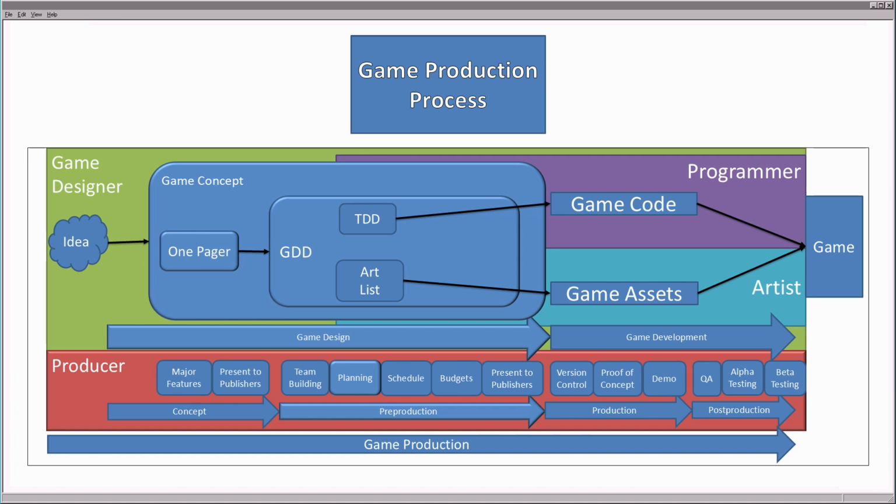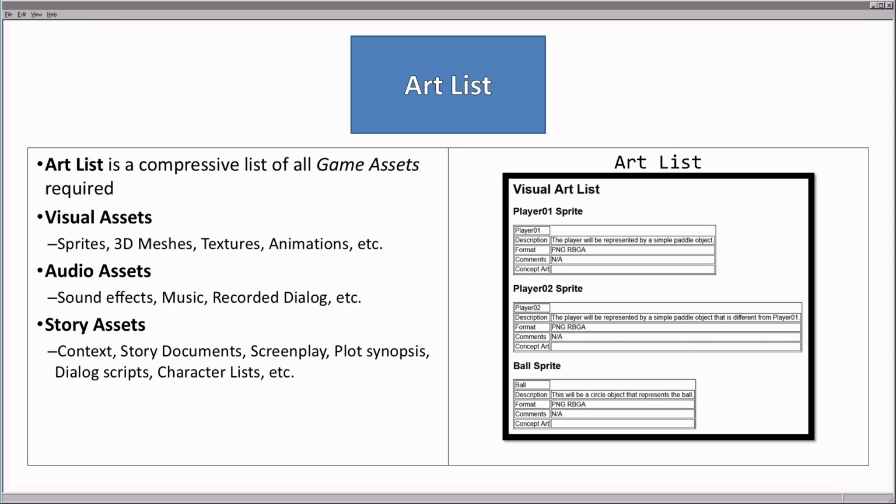Now, we turn our attention away from the programmer for a moment. Still within the pre-production process, we turn our attention to the role of the artist. We look briefly at how to create the art list. As previously mentioned in an earlier lecture, the art list is a comprehensive list of all the game assets required.